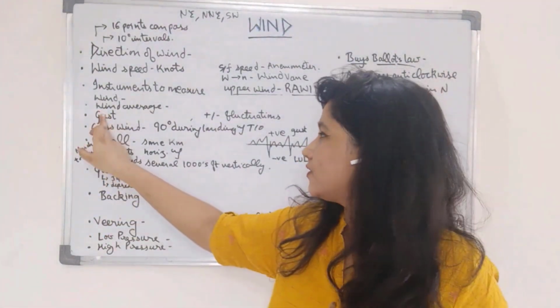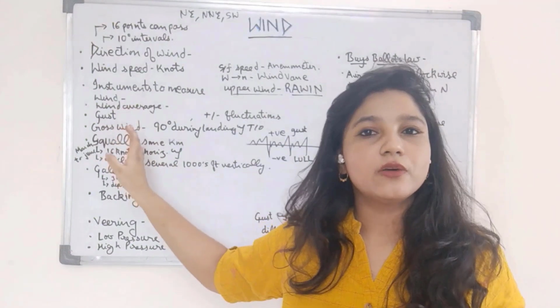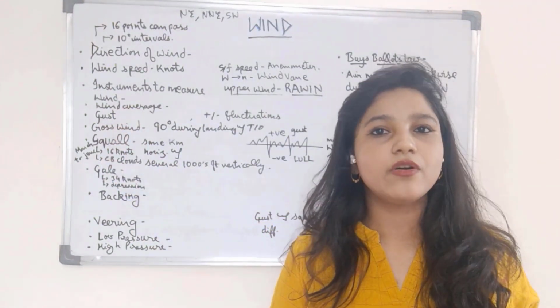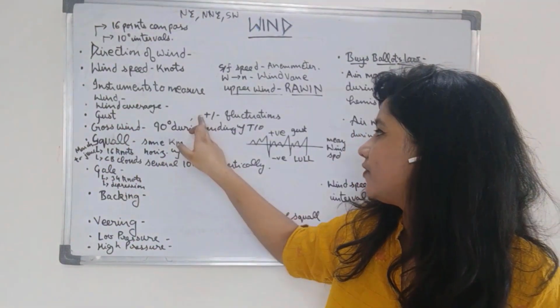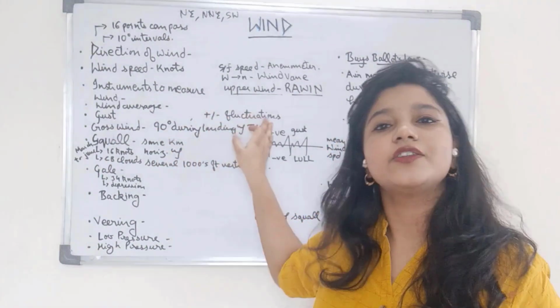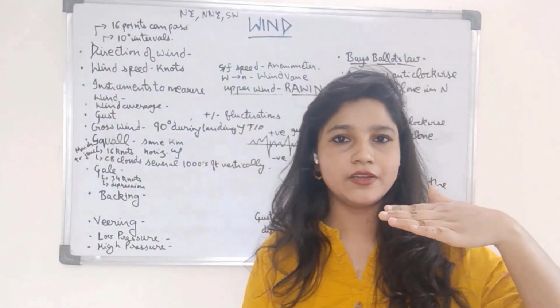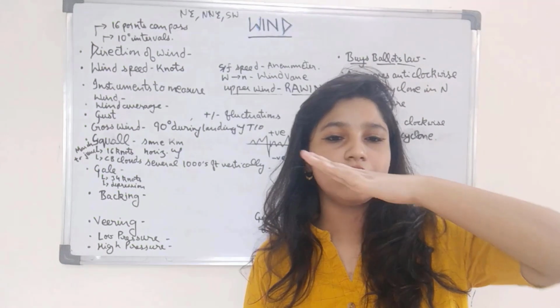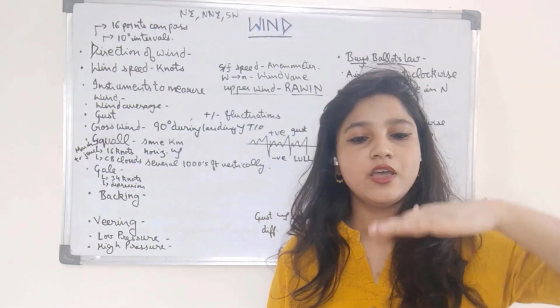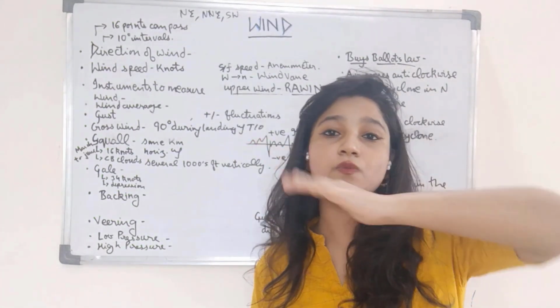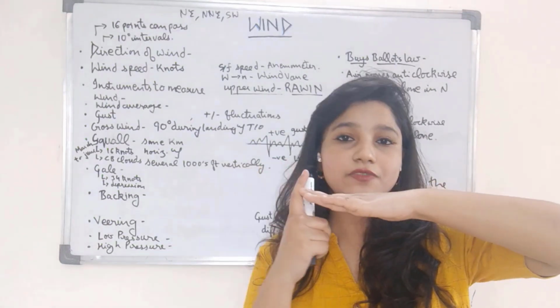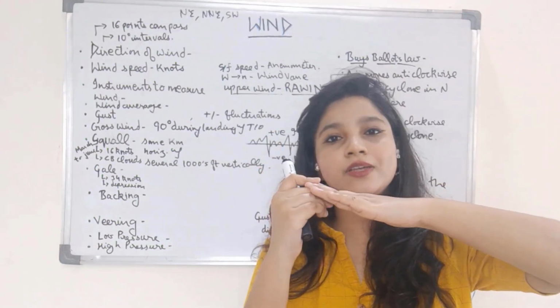Then we have gust. Gust is caused by turbulence or the uneven heating of the ground. In gust, we have positive or negative fluctuation. Suppose this is an aircraft. If suddenly a blow of wind comes and my aircraft goes upward, that is positive fluctuation and it is called a gust.